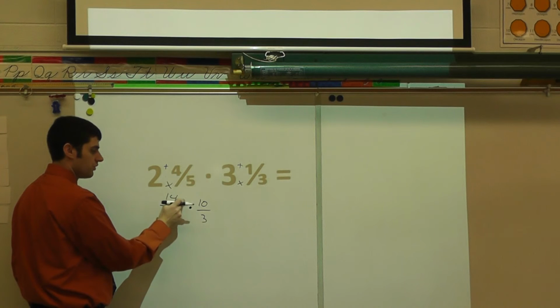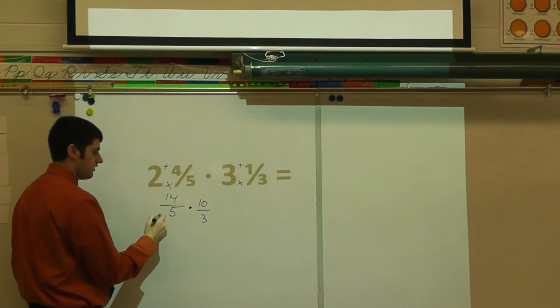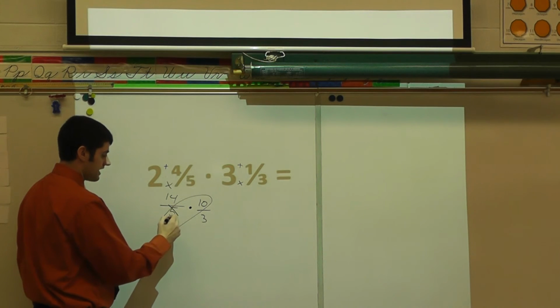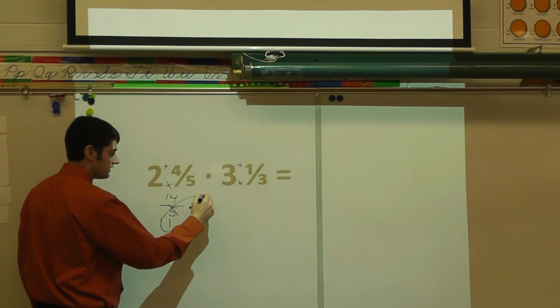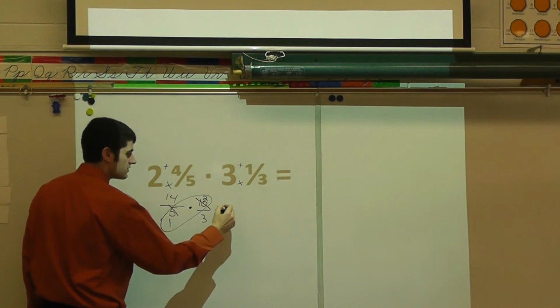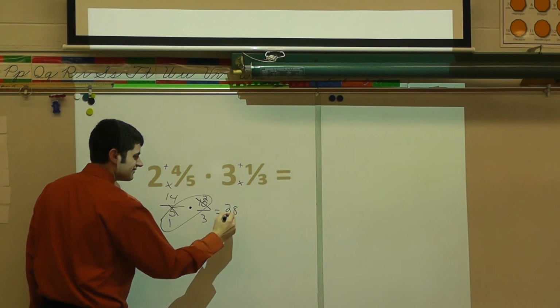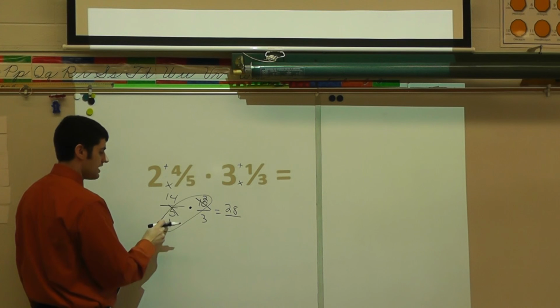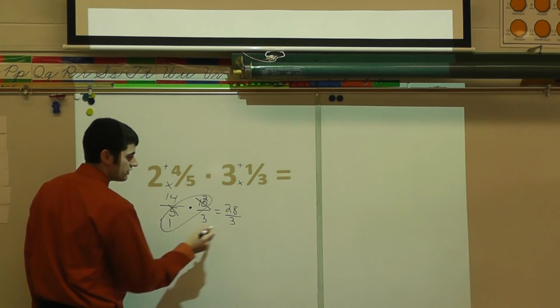There's nothing that goes into both 3 and 14, but I know a number that goes into 5 and 10. Hopefully you noticed that as well too. 5 goes into 5 1 time. 5 goes into 10 2 times. So 14 times 2 becomes 28. Think of it like the Bears scoring 4 touchdowns in a game. 28 points. And I do 1 times 3, which is 3.